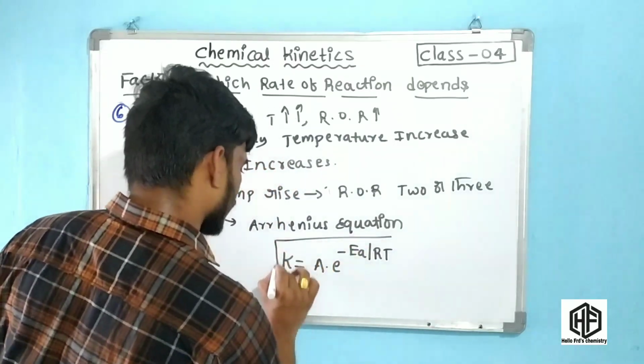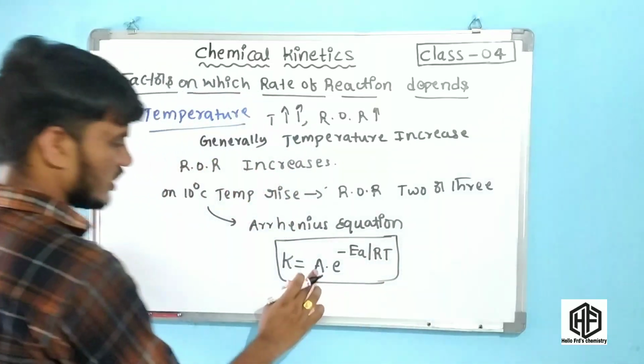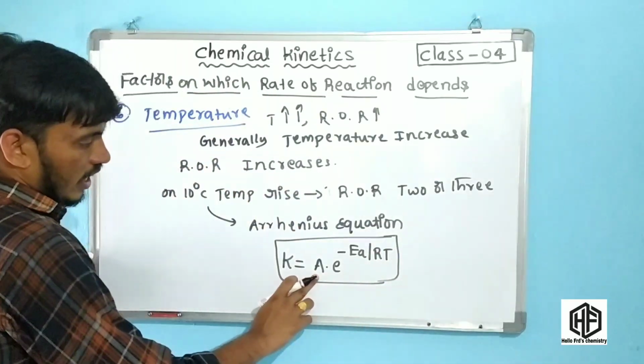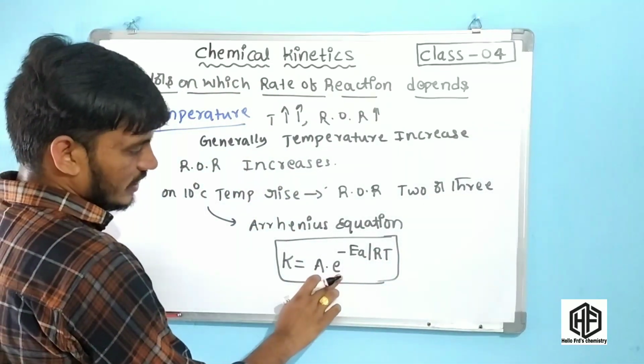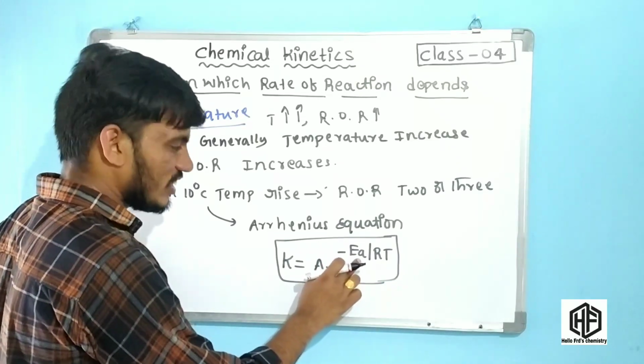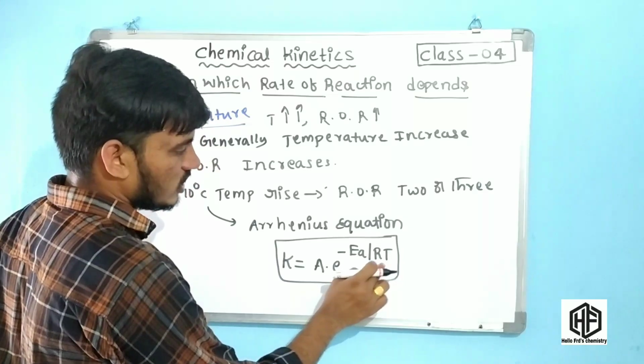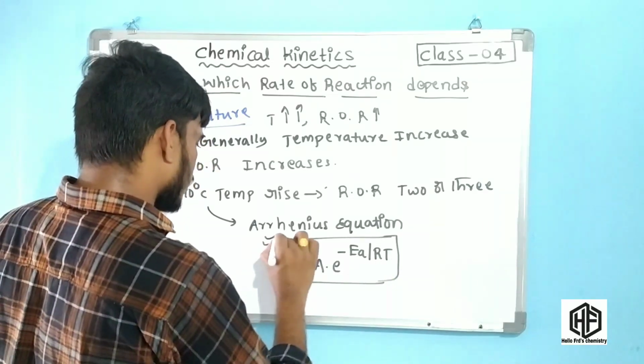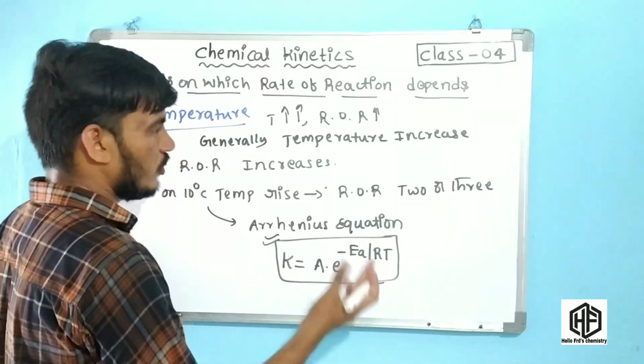K is the rate constant, A is the Arrhenius constant, e is the exponential, Ea is called the activation energy, R is the universal gas constant, and T is the temperature.